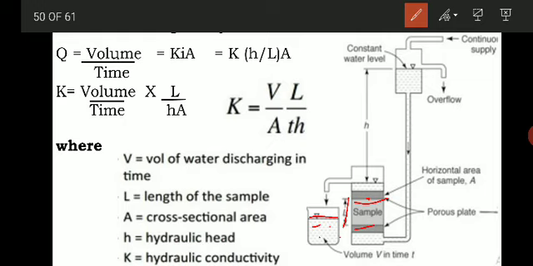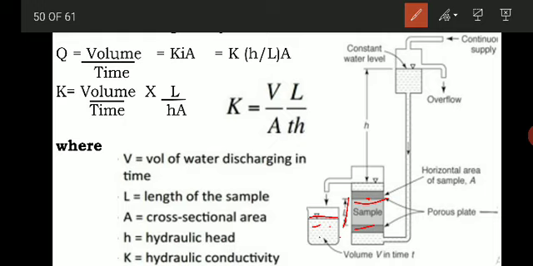In this method, you can measure the hydraulic conductivity of consolidated and unconsolidated material under low head. So here you can measure the hydraulic conductivity of both. It may be consolidated or it may be unconsolidated.